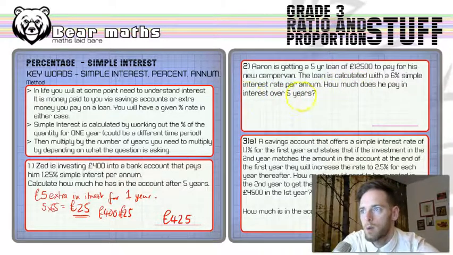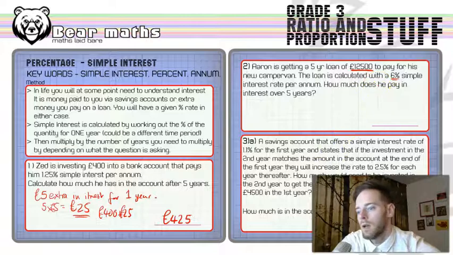So don't get caught out by something like that. He's got a 5-year loan and he's got £12,500. That's quite a lot of money to borrow, and it's quite a high simple interest rate, but let's work out what 6% of that is, and then we will get what we need.